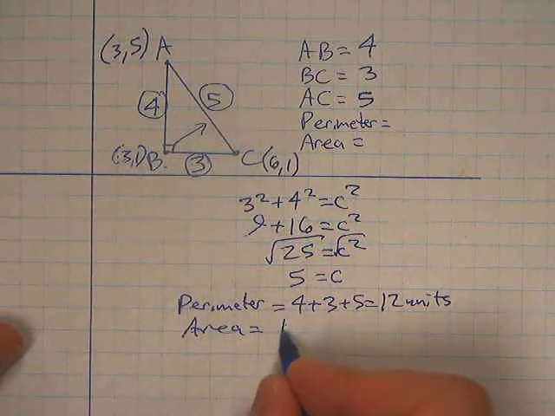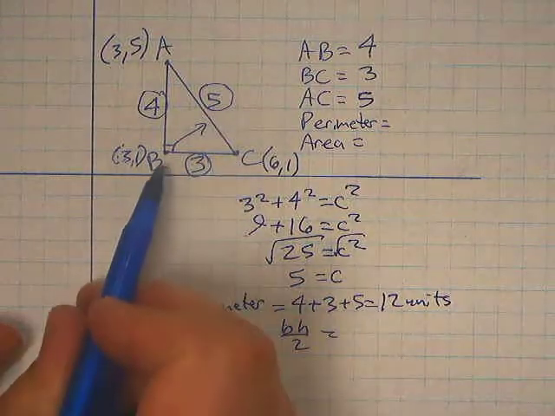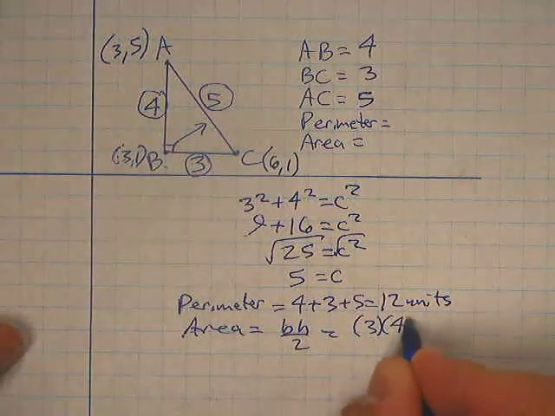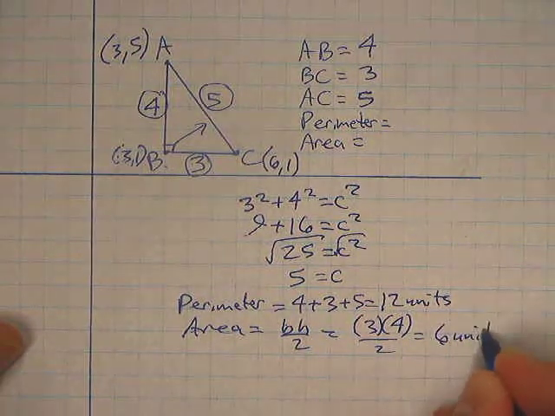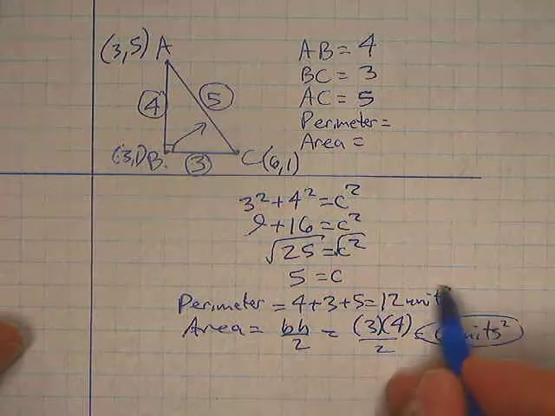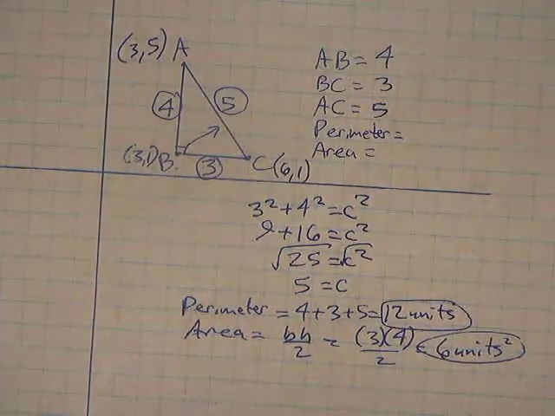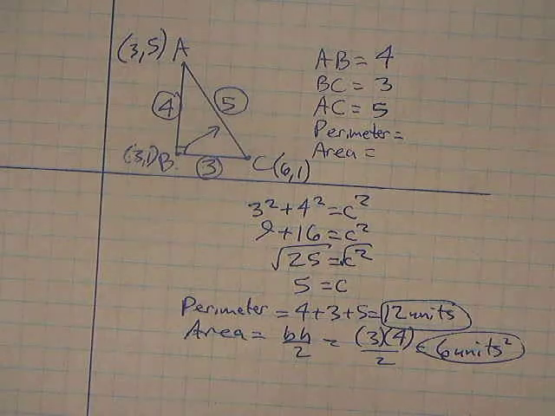And the area is going to be 1/2 base times height, or base times height divided by 2. In this case, the base is 3, height is 4, so we take 3 times 4 divided by 2. That gives you 6 square units. Okay, so right here, this is 5 out of 20 points on the test so far.